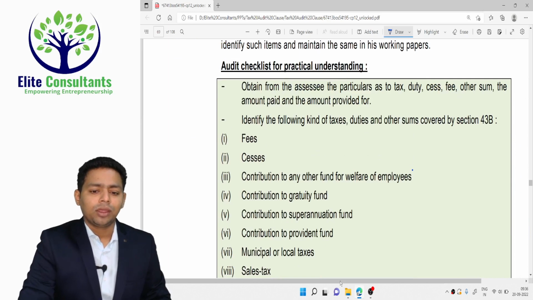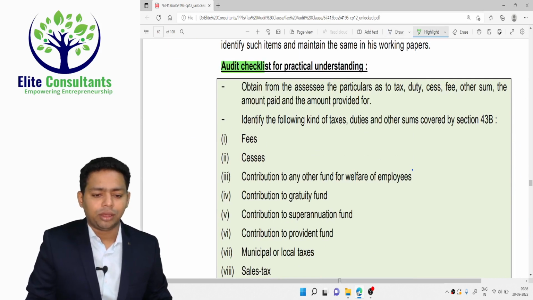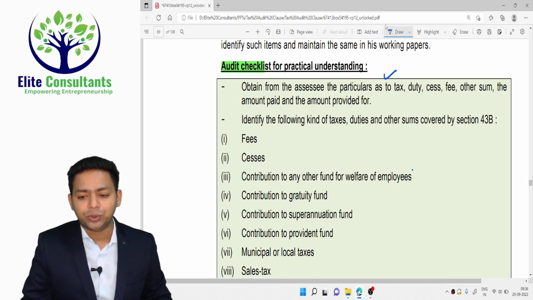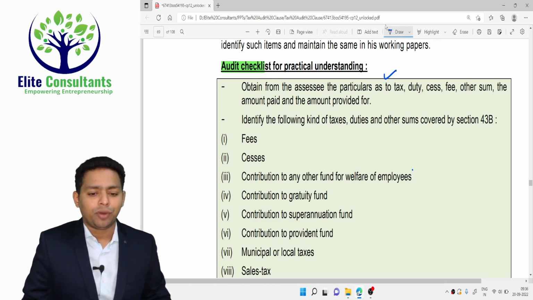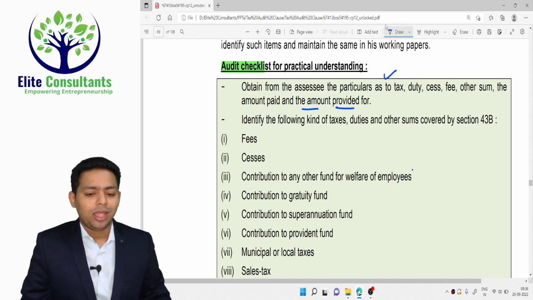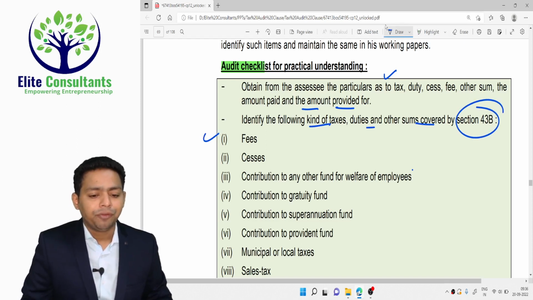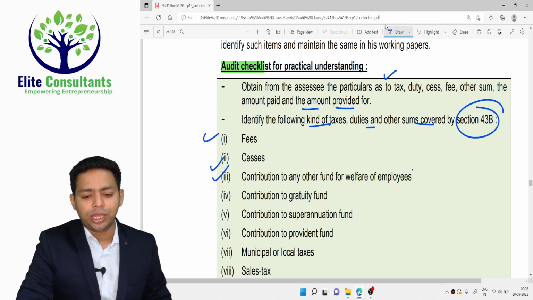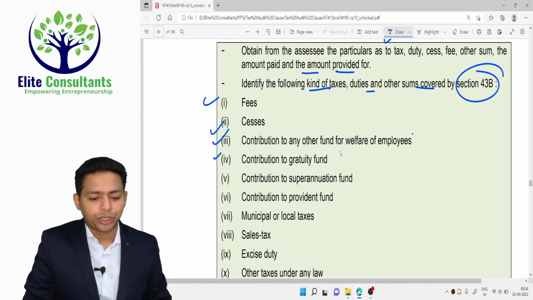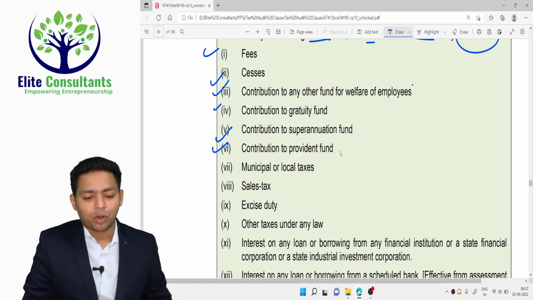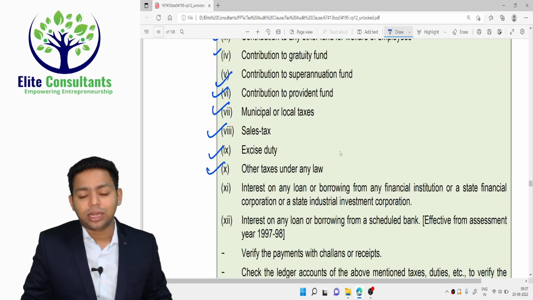Look at this. What are the auditor's checklist? Obtain from the assessee particulars of tax, duty, cess, fee, other sum of amount paid or provided for. Identify the following kinds of taxes, duties, sums covered under section 43B: fees, cesses, contribution to any other welfare fund, contribution to gratuity fund, contribution to superannuation fund, employer's contribution to provident fund, municipal and local taxes, sales tax, excise duty, any other taxes under any other law.